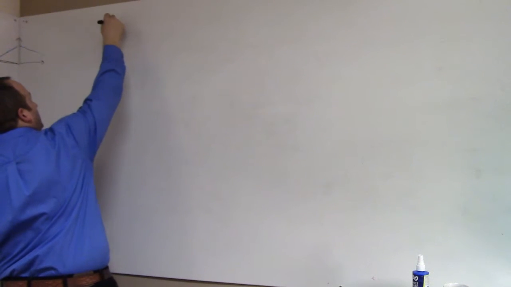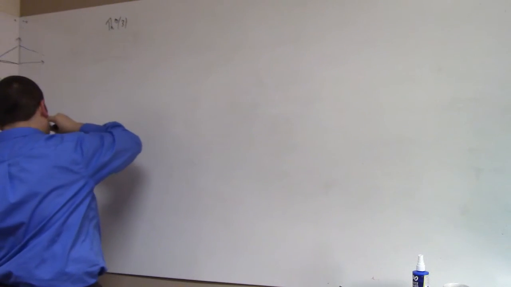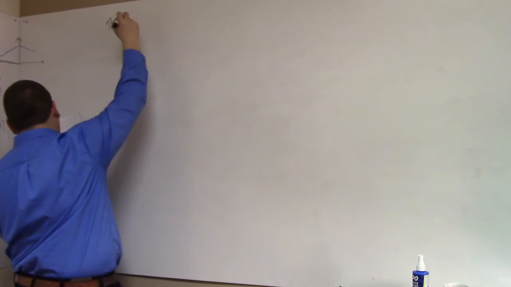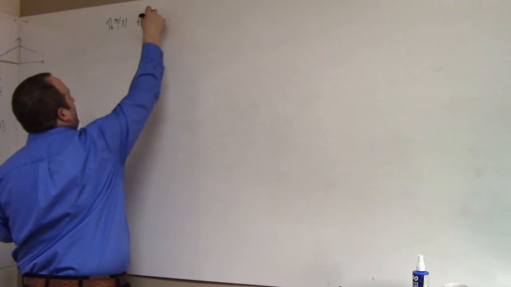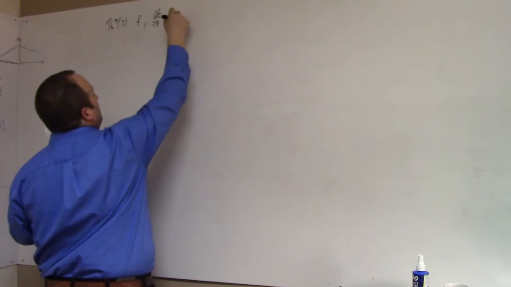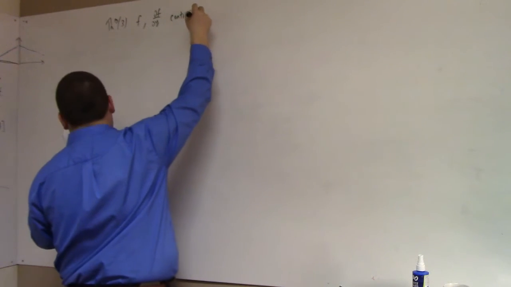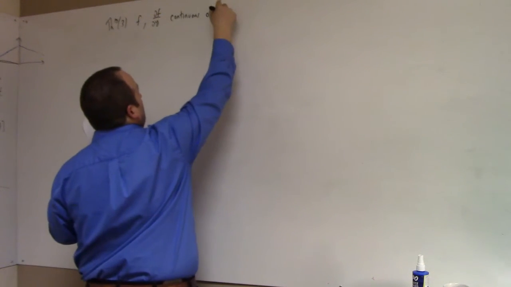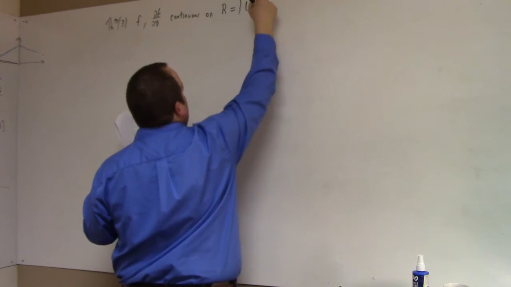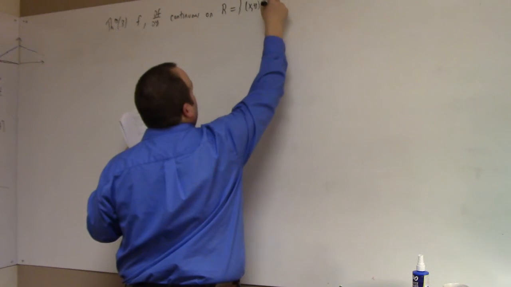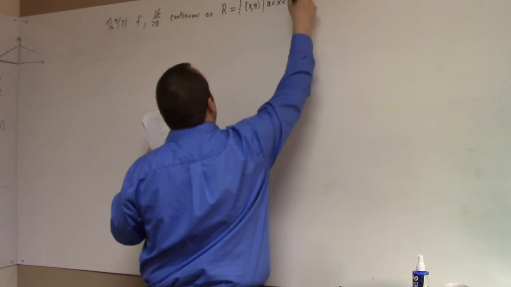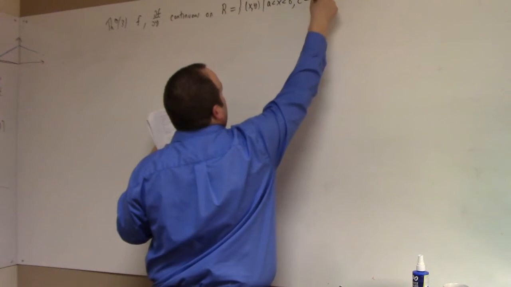Theorem 3, again, we're following chapter 13 of Nagel, Saff, and Snider's 5th edition differential equations book. So you have f and partial f, partial y, continuous on a rectangle R. So what you got is x and y such that a less than x less than b and c less than y less than d.